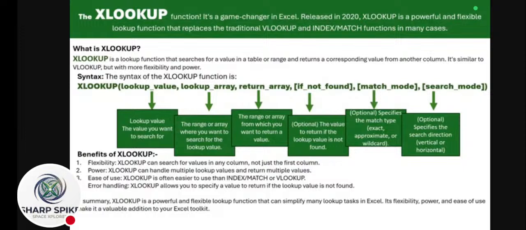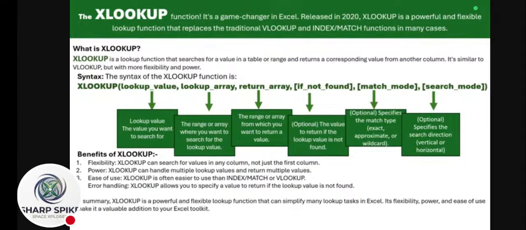So let's learn one by one. First, lookup value: the value you want to search for. Lookup array: the range or array which you want to search for the lookup value. Return array: the range from which you want to return the value.